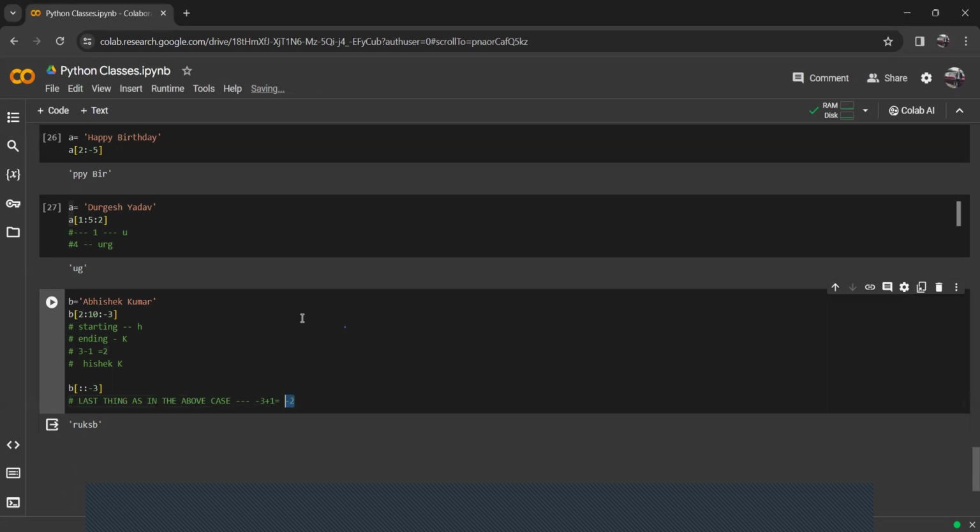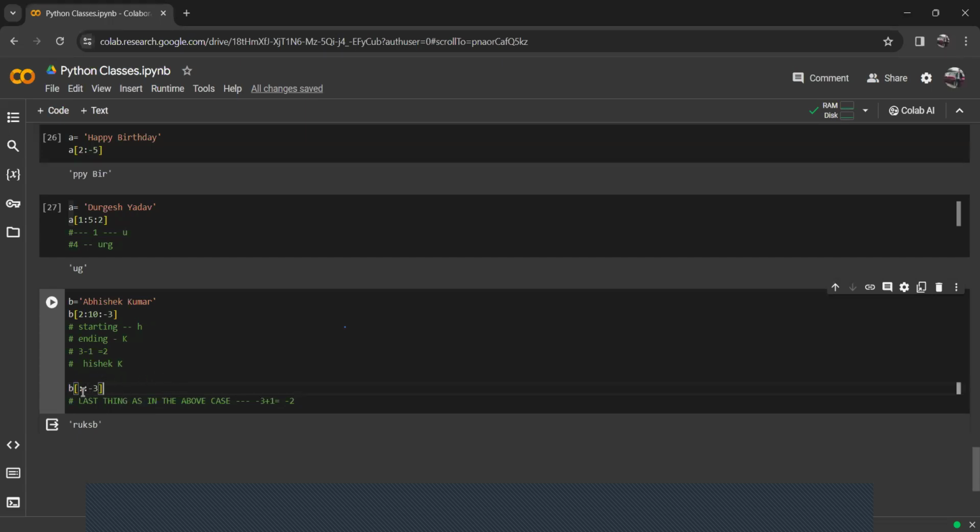In the reverse form, you have to give two skips. If you are using -3, if you are using -4, then you have to give three skips. Just keep this in your mind. This is basically a special case, and you only use it when you want to reverse something. This kind of thing will not be asked in your interview.